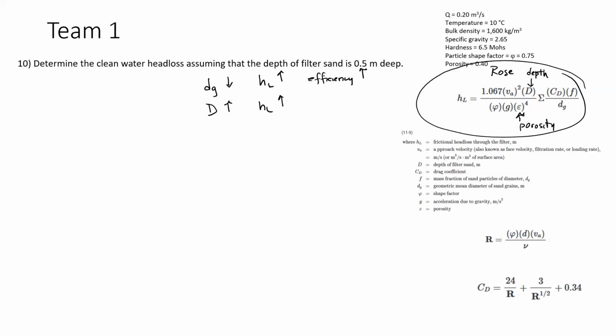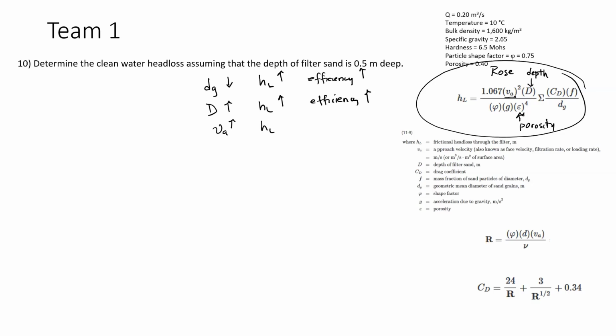Depth of the filter: if we increase the depth of the filter, we increase our head loss. How does that affect efficiency? What would you expect? Deeper filter, again, it increases efficiency. Exactly. So it's important to think about these factors and how they play into both the head loss and the efficiency. We can think of the same thing with the approach velocity.